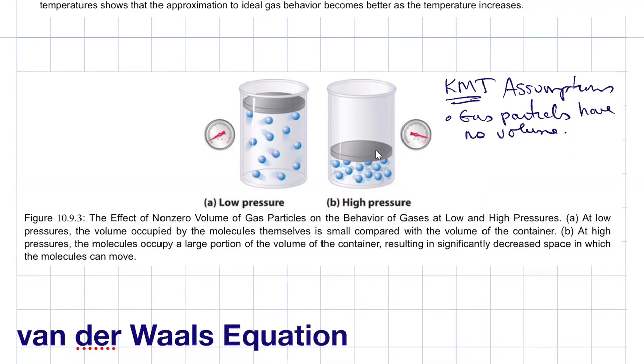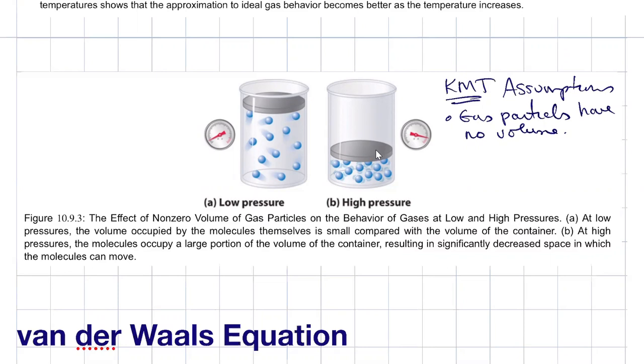But as was just pointed out, if you have high pressure, then you have lots and lots of particles squeezed into that small volume. Then even if the particles have a tiny volume each, when you have so many particles in such a small volume to create a high pressure, the particle volume becomes significant.